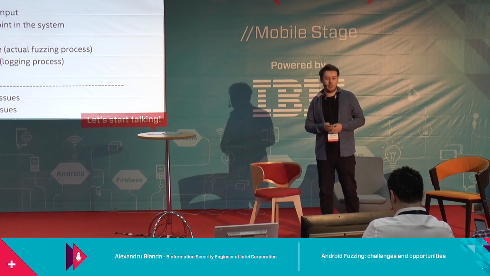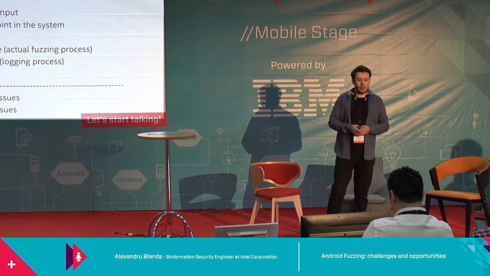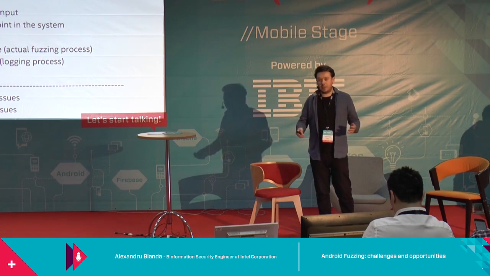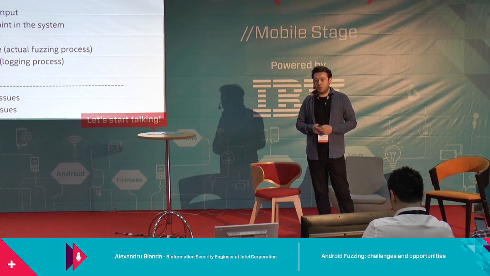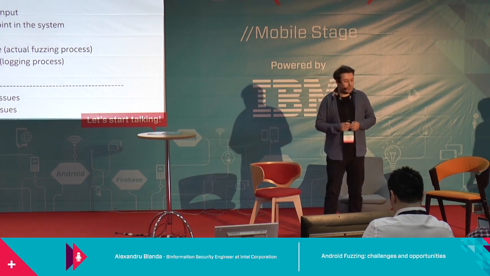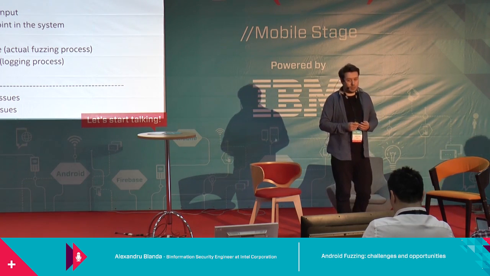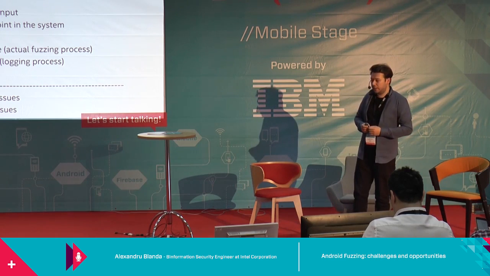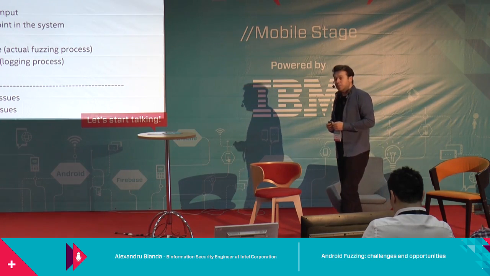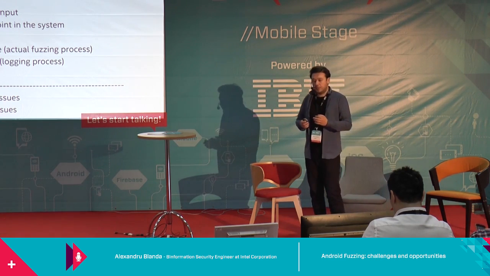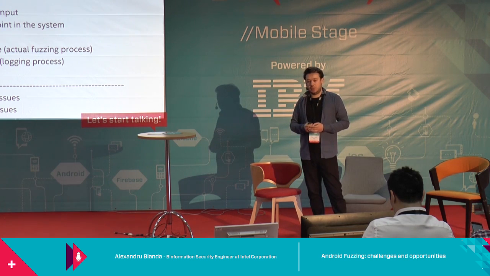After a fuzzing campaign, let's say you start the campaign today and come back tomorrow, you get thousands and thousands of crashes. You need an automated way to pass through all these results and sort out the unique issues. And not only sort out the unique issues, but also try to determine the severity of the unique issues that you have discovered.